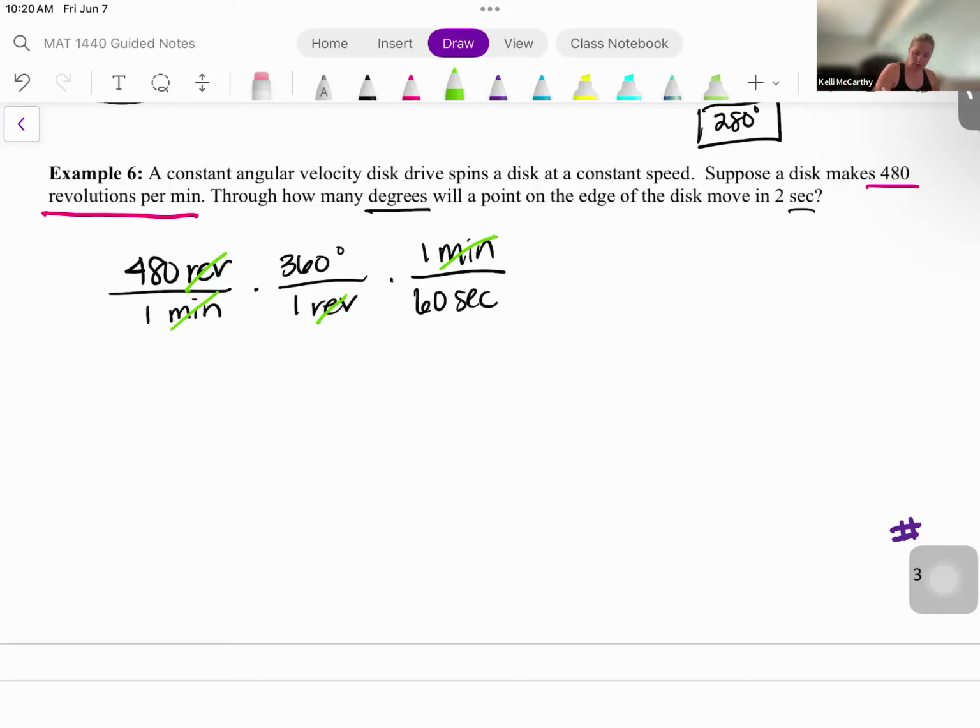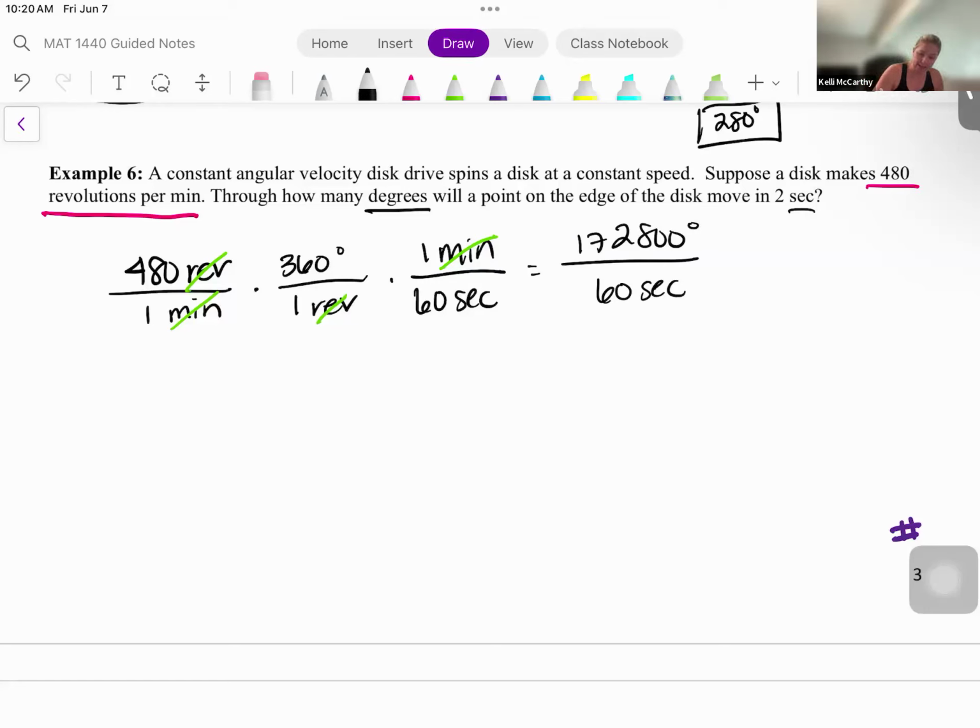So we can multiply straight across 480 times 360. So we're going to rotate 172,800 degrees in 60 seconds.